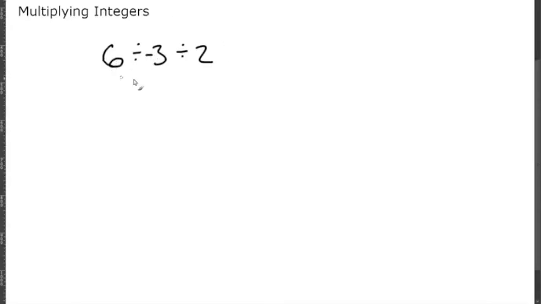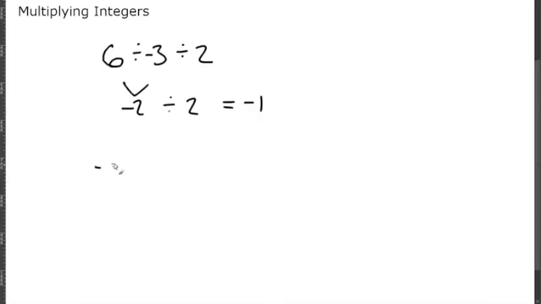A positive 6 divided by a negative 3 is going to give us a negative 2 because it's a positive number divided by a negative number. Opposite signs gives us a negative 2. Now we still have to divide by 2, but a negative divided by a positive are opposite signs. So 2 divided by 2 is 1, and there's a negative, so it's negative 1.